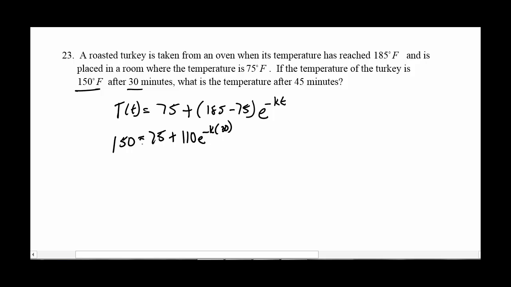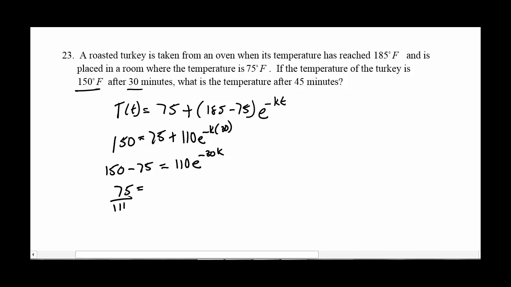Then we're going to solve for k. So 150 minus 75 equals 110 e to the negative 30k. Let's go ahead and subtract that also: 150 minus 75 is 75, a rather convenient number.